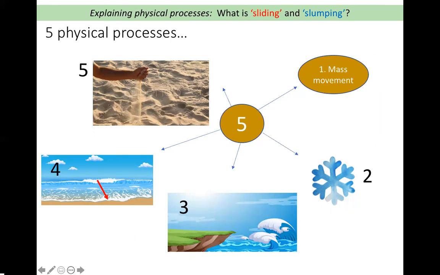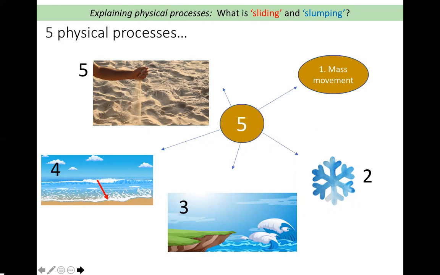So pause the video if you want to have a go at this by yourself. I've given you some photos and images to help you identify these 5 types. Pause the video, or I'm just going to go through these one by one.